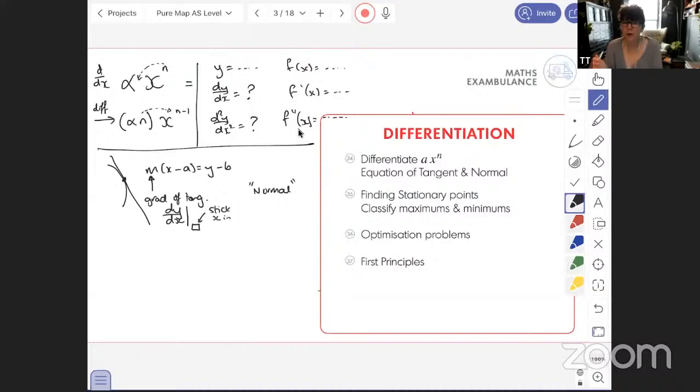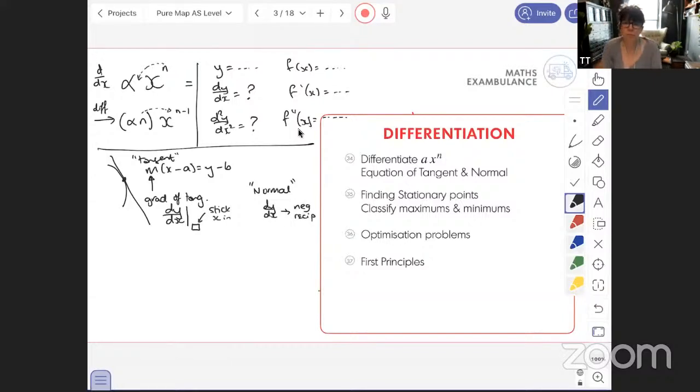And it's so common that the mark scheme actually tells the examiner in advance what to do. We write that before we even look at any scripts because we know that loads and loads of students will do it. So don't make that you. It's tangent or normal. Make sure you know the difference. For the normal, you still need to find dy by dx because that's the gradient of the tangent. But then because it's perpendicular, negative reciprocal.